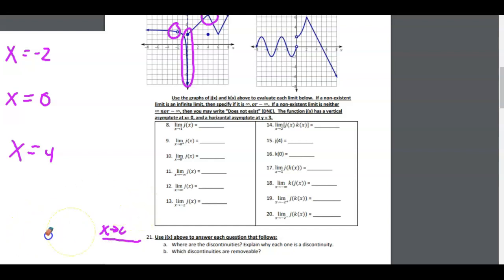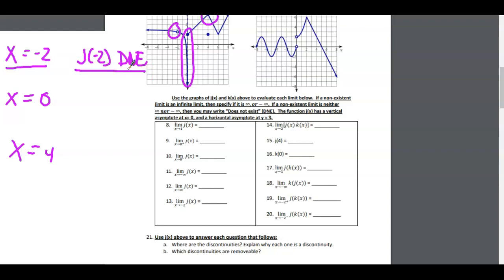So let's go ahead and take a look at x equals -2. So question number 1, does the function exist? The answer is no. So in this case, j of -2 does not exist, or you could say is undefined. So it's discontinuous at -2 because there's an open dot there with no filled in dot, which means the function just doesn't exist there.